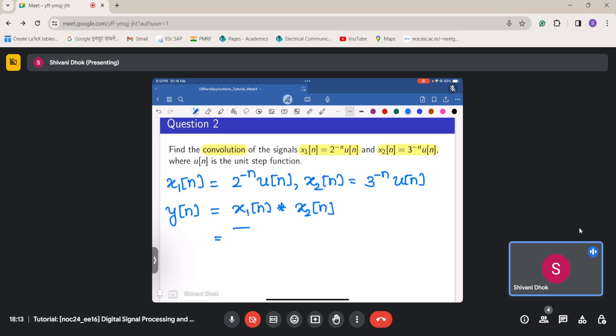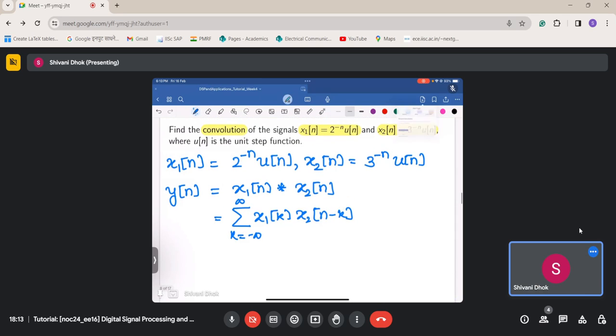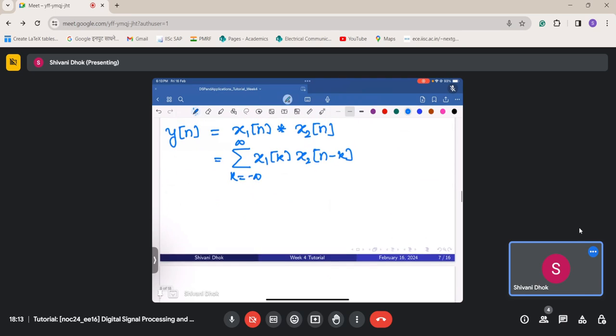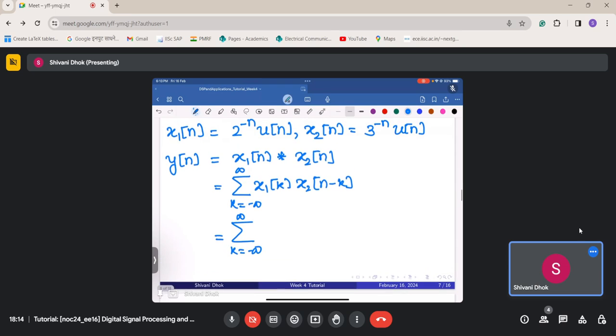which is equal to, by definition, summation k running from minus infinity to infinity x1 of k into x2 of n minus k. So this is equal to summation k running from minus infinity to infinity. So this 2 to the power minus 1 is simply 1 by 2.